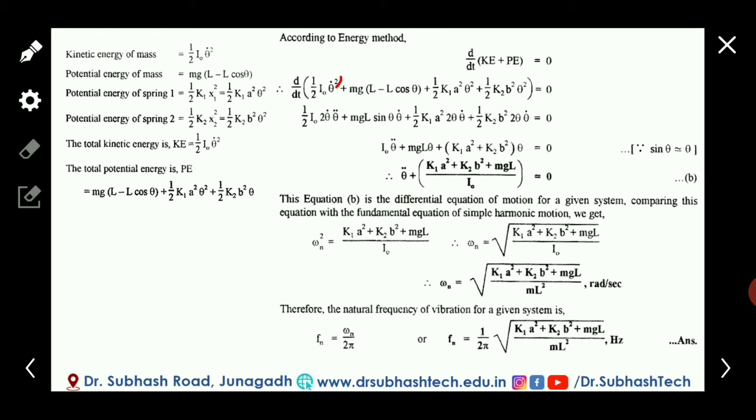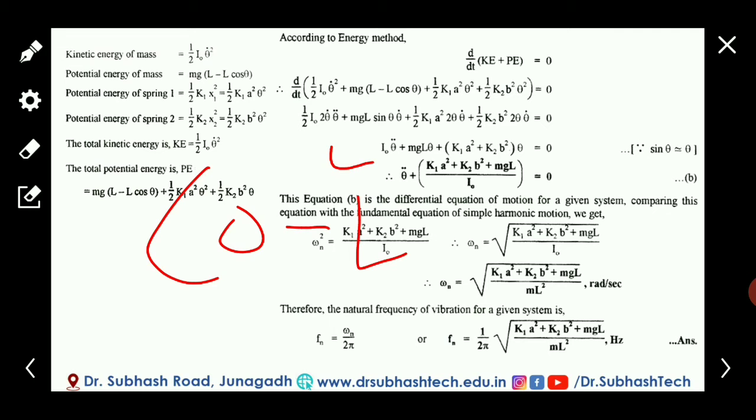First take this one. We know that one half I0 is a constant, and theta dot squared differentiates to 2 theta dot, and theta dot again differentiates to theta double dot. So here 2 theta dot theta double dot. Similarly mg is a constant, and in the bracket, L is a constant, so its differentiation is 0.